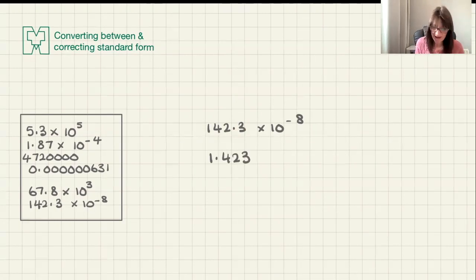Don't do that. What's happened? I've taken a big number and I've made it smaller. So on this side, it's got to be bigger. My movement was 2 places. So it's going to get bigger by 2. Just need to be careful here because I've got to go the right way on the number line. I'm at -8. I'm going to go up 2 to -6.